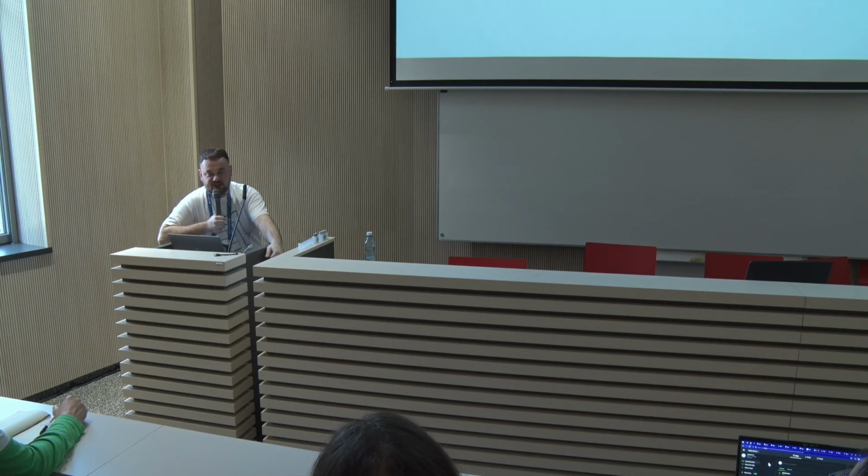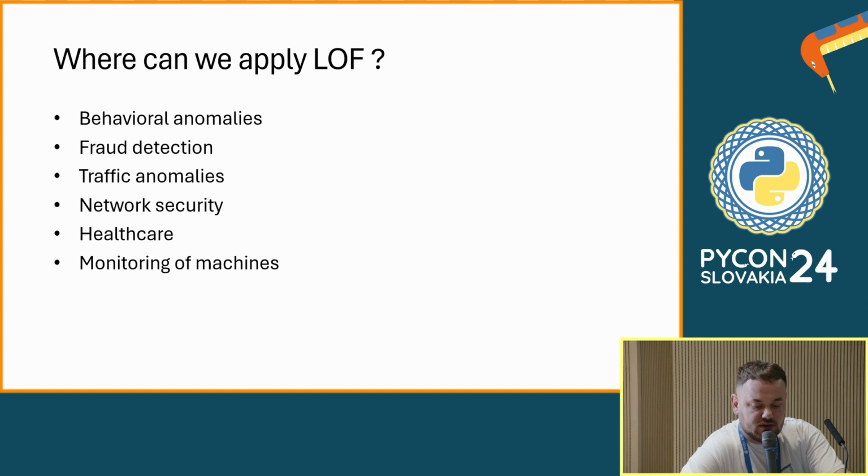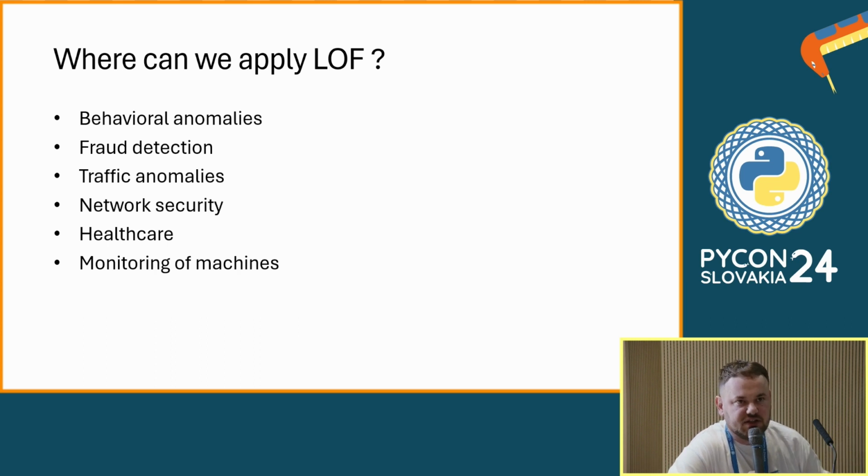So it is all nice how we can use this algorithm, but where can we actually use it? I have experience in using it for behavioral anomalies. So let's say we have some sensors or we have some data where we have behavioral patterns of someone. We have offices, we have a sensor like, okay, he is working from 11 to 11:30, or we have monitoring of seniors, for example.